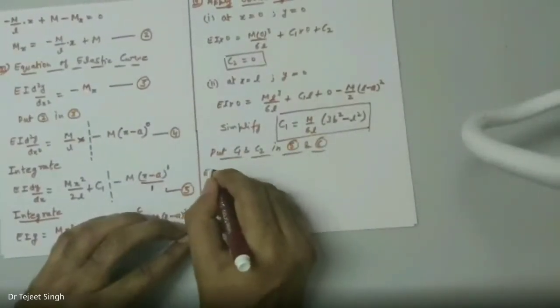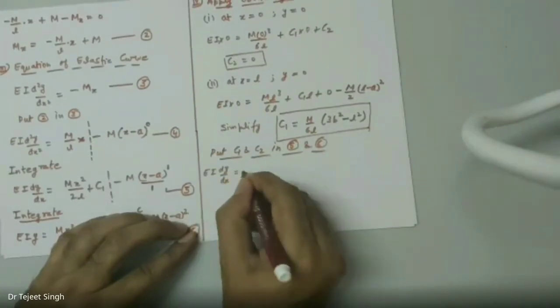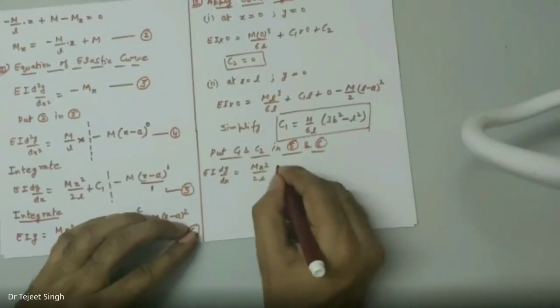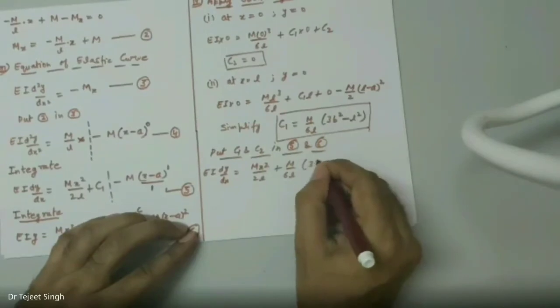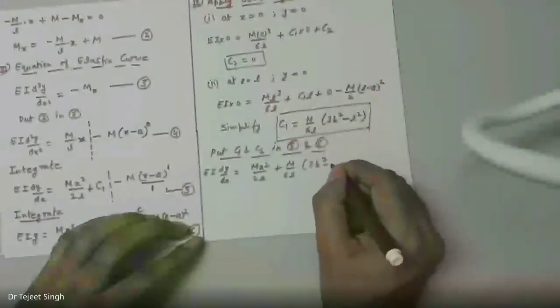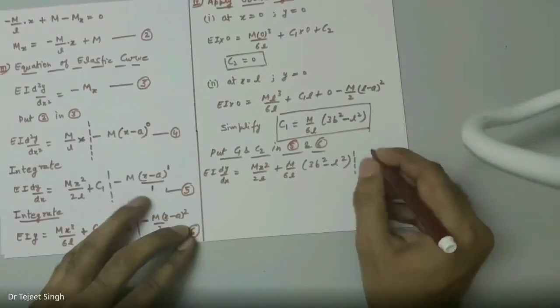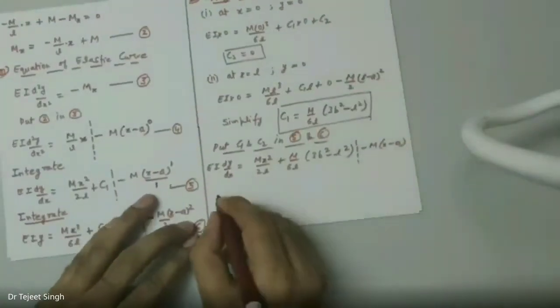So I write EI dy by dx equals Mx squared upon 2L plus C1, that is M upon 6L (3b squared minus L squared), dotted line, minus M(x minus a).